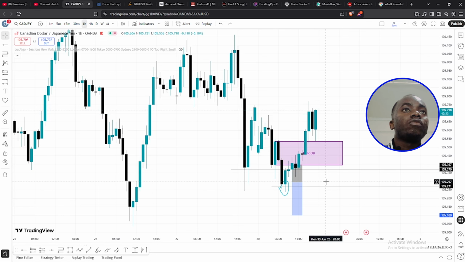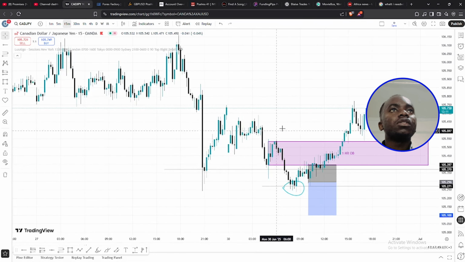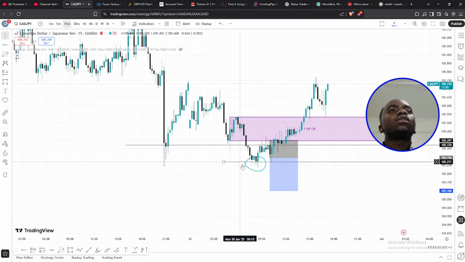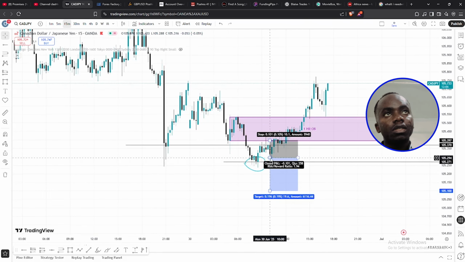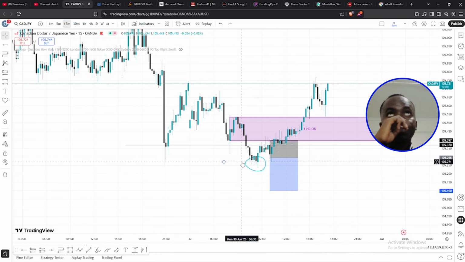I also marked a break of structure here. I could also wait for the break of structure to happen so that I could enter, but I entered so early, and first of all I never saw a BOS here, and my 1 hour confirmation didn't confirm anything, so I was knocked out of this trade.